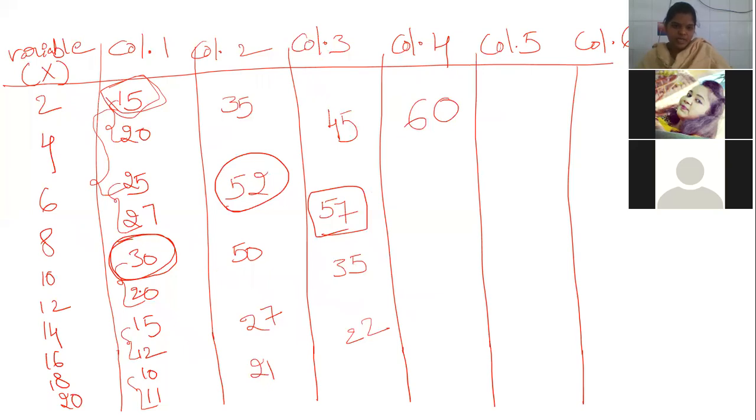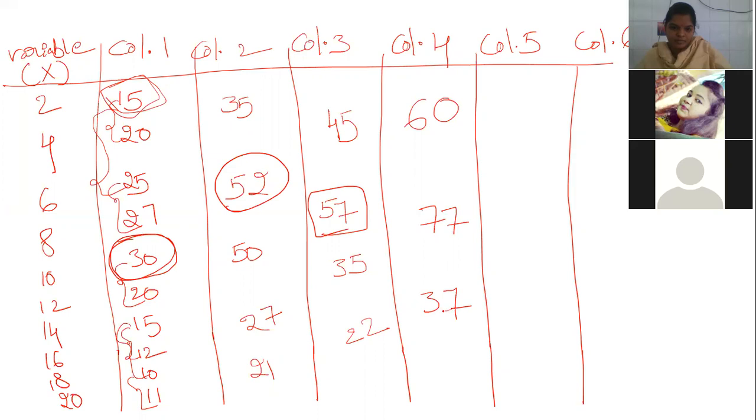Then 27, 30, 20, that is 77. Then 20, 15, 12, how much? 47. Then 15, 12, 10, 37 only.